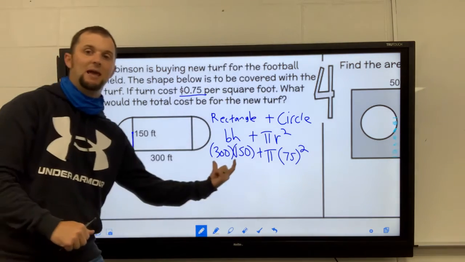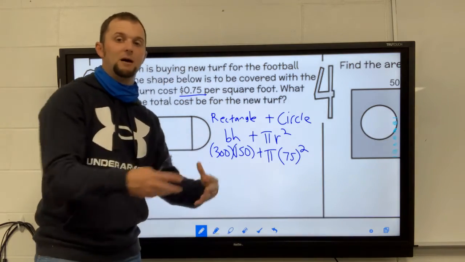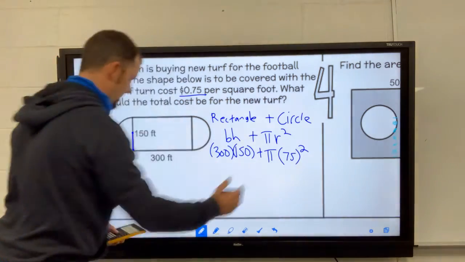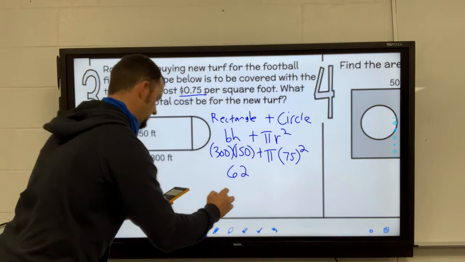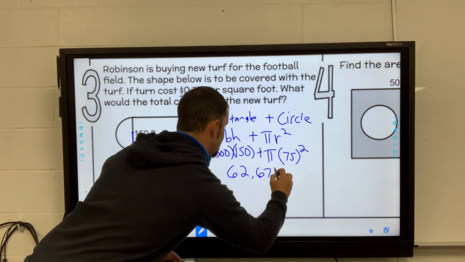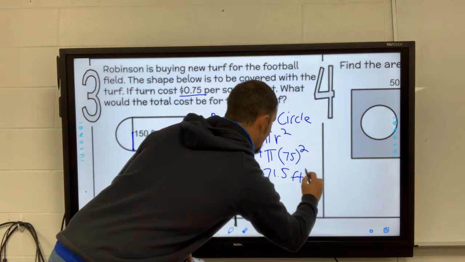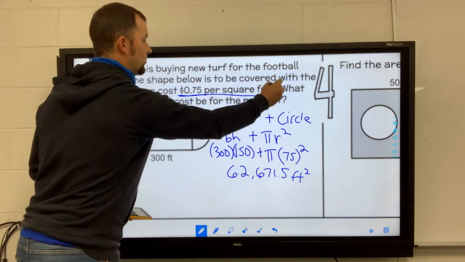So ladies and gentlemen, area by rectangle, area by full circle, I'm gonna combine those together to make the area of the whole thing. If I end up multiplying all this out and adding, that's gonna give me 62,671.5, and that's gonna be feet squared. So I know it's gonna be 75 cents per square foot.